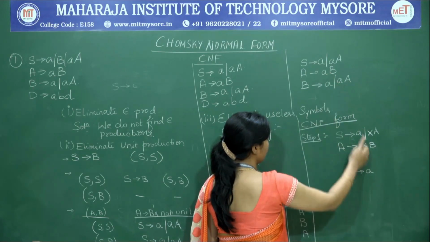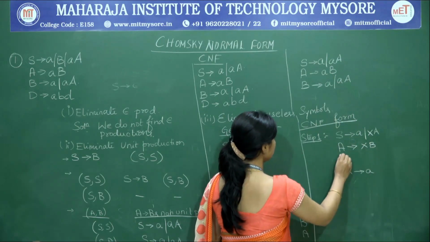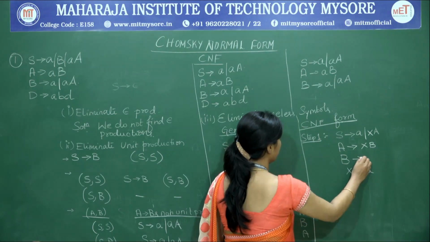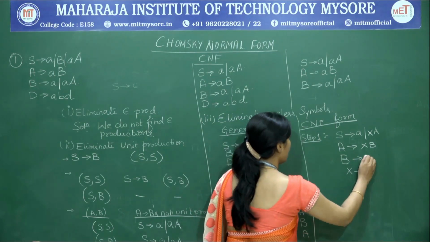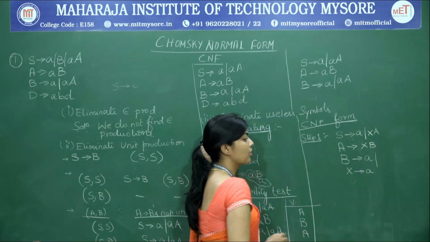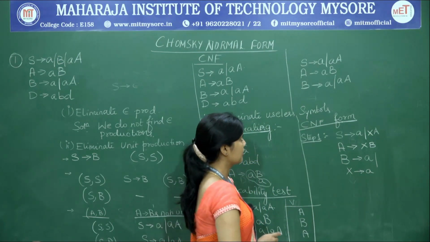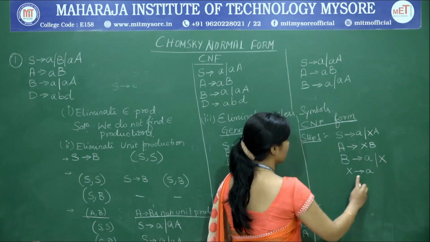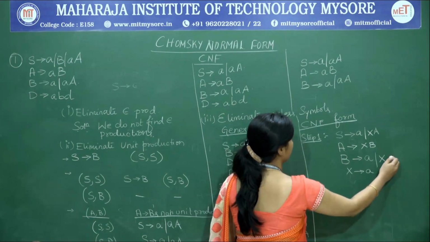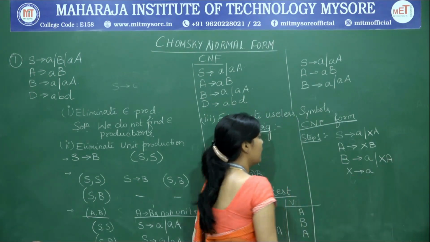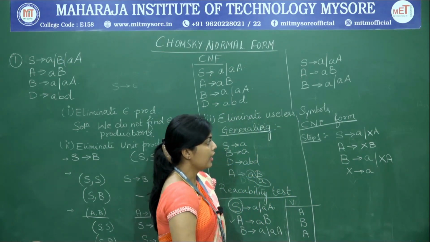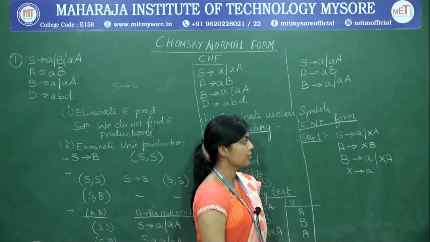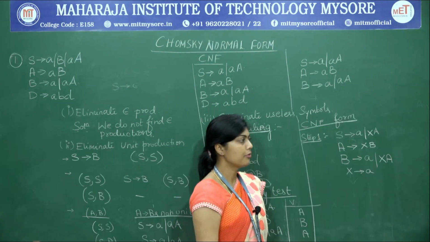So in place of AB, we write XB. Then we have B goes to, we do not make any changes to this which has a single symbol, we write it as it is. But where there are two symbols, we replace the terminal by the new variable X and write A. So as we see, we have all the productions of the grammar in the CNF form.